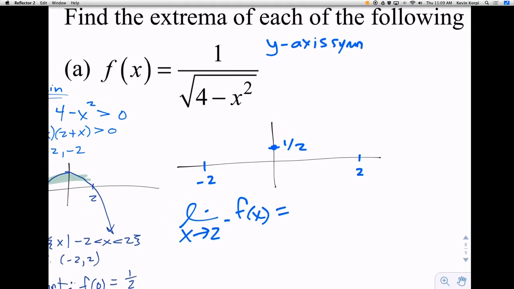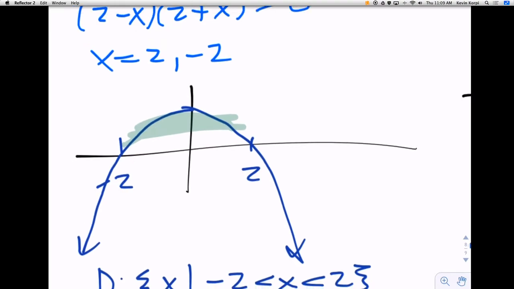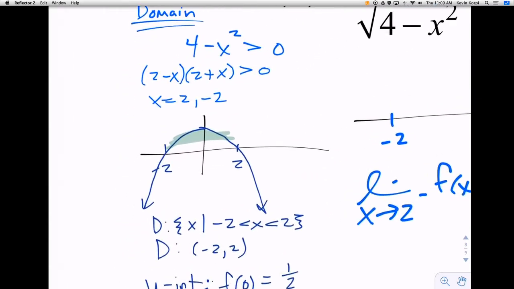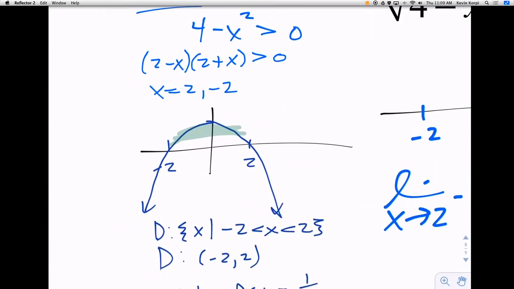Well, pick a number just to the left of 2. Well, let's come over here to the graph. If I pick a number just to the left of 2, my radicand, which is the graph of this, is going to be some tiny, tiny, tiny small positive number. Agreed? Okay.